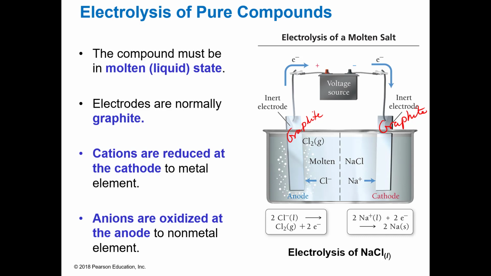The cations are reduced at the cathode, and the anions are oxidized at the anode. So that's not new. That's why I've stressed that so much at the beginning, because as long as you keep that in your head, you still got it.